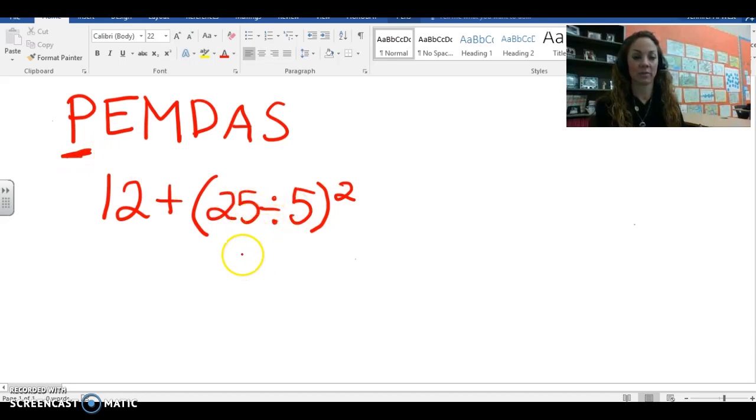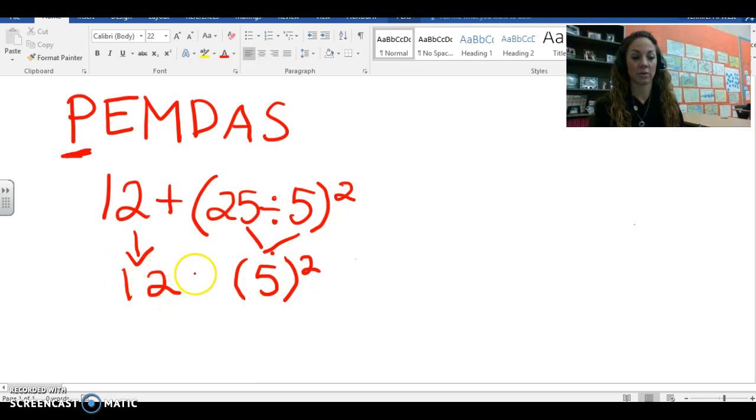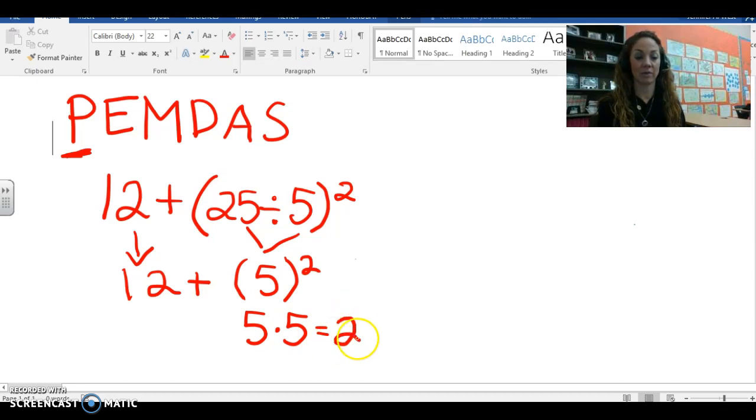So 25 divided by 5 equals 5. Keep that inside of the parentheses. Make sure you put the exponent back up there. Bring down your 12. 12 plus 5 squared. So 5 squared means we just multiply 5 times itself 2 times. 5 times 5 equals 25.